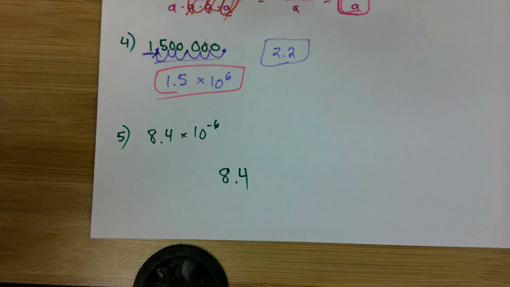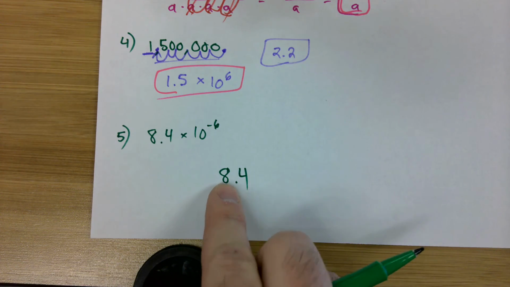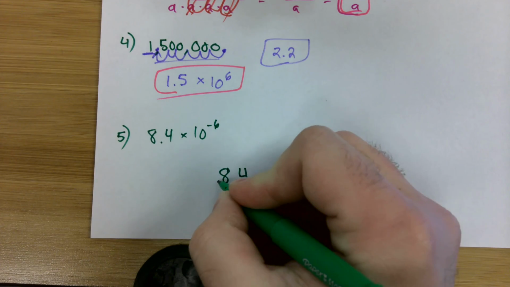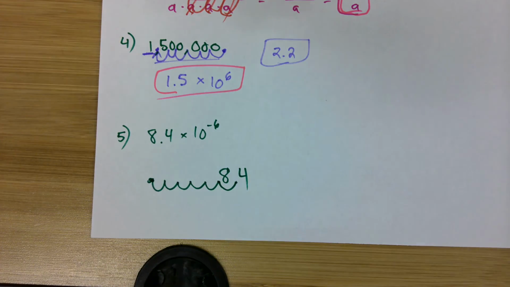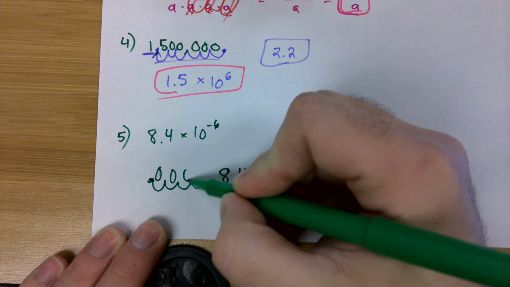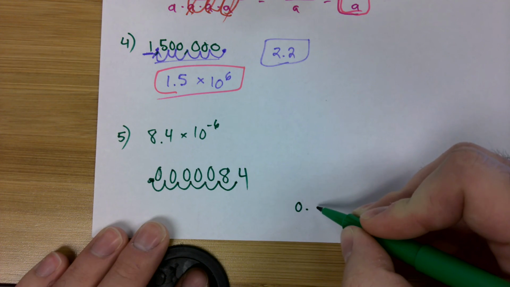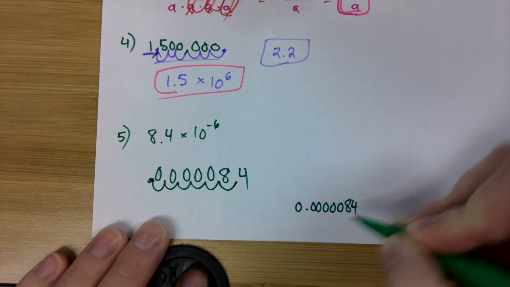To the left, right? We know that we have a really small number because of this negative exponent. So we want to make this number a lot smaller. We're going to move it 1, 2, 3, 4, 5, 6 spaces and make a decimal. So our answer is 0.0000084.